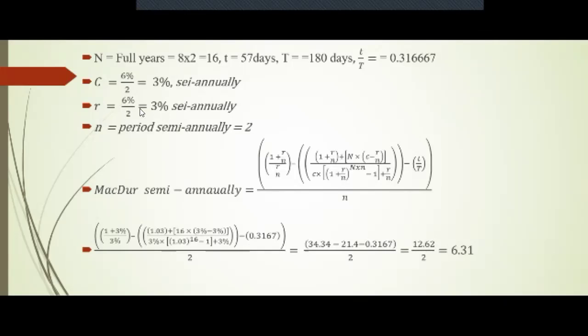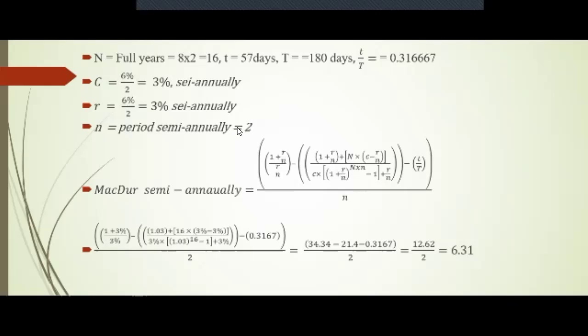When we put all this in, we need to divide this by 2, and also here small t divided by capital T, we already got the number. So all this will give 12.62, divided by 2.